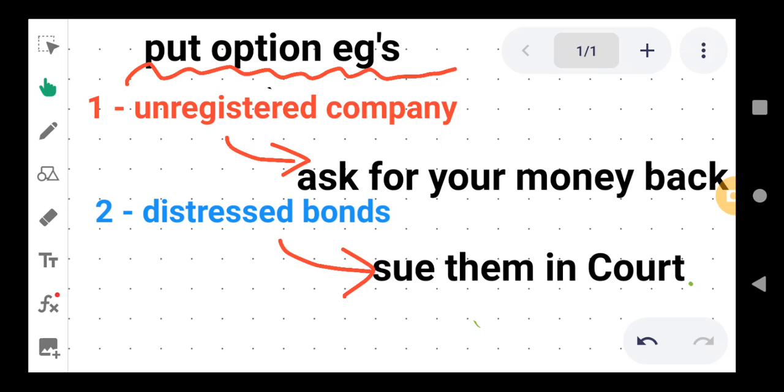So what happens is if you buy the stock of an unregistered company, and the stock price goes up, then you don't have to say anything. You can just pocket the profit, you make money, and you're happy, yeah. Eventually, the unregistered company will correct itself.